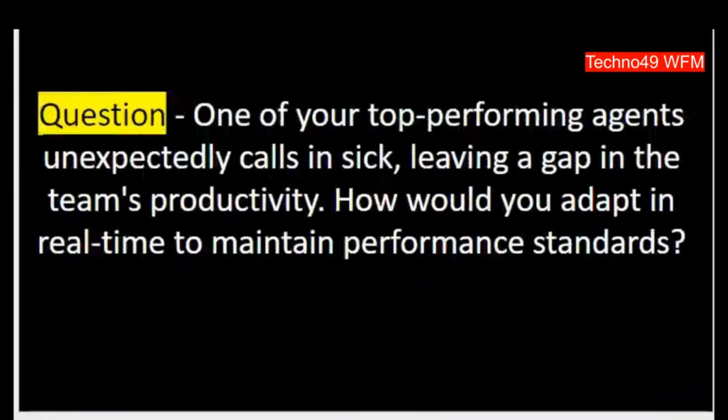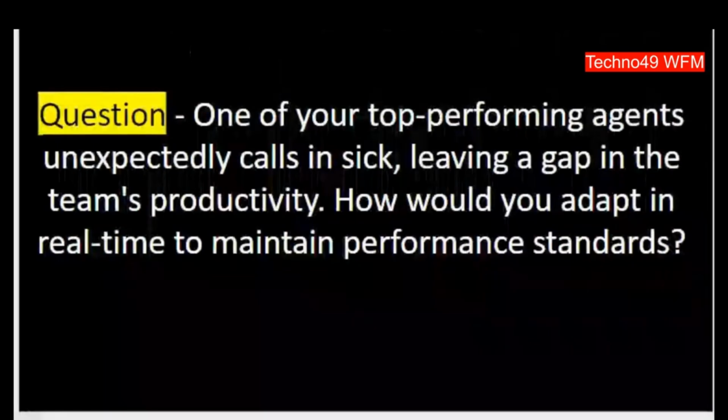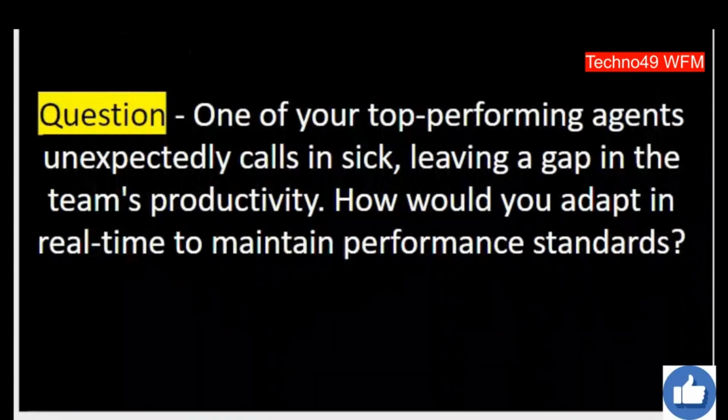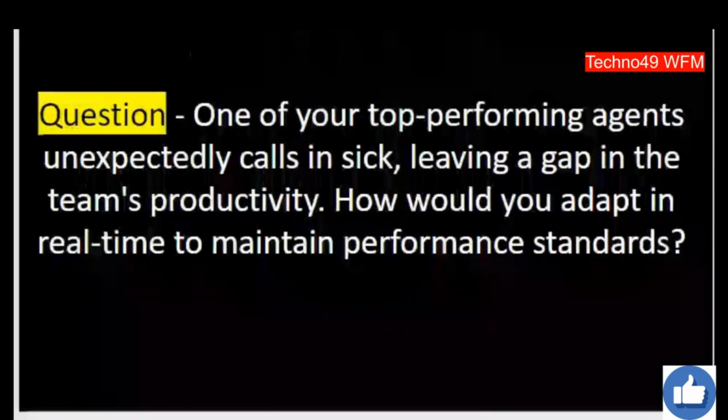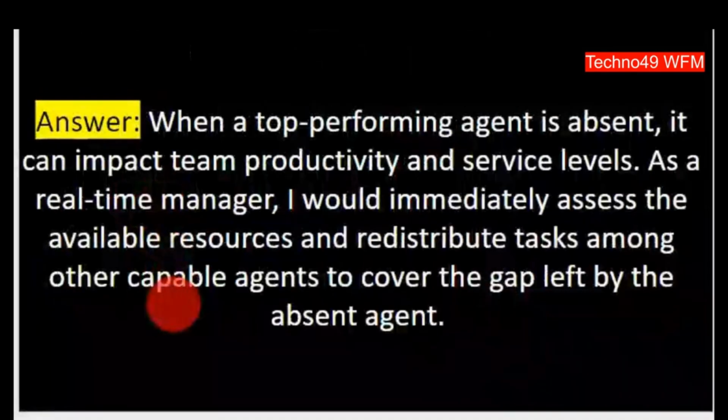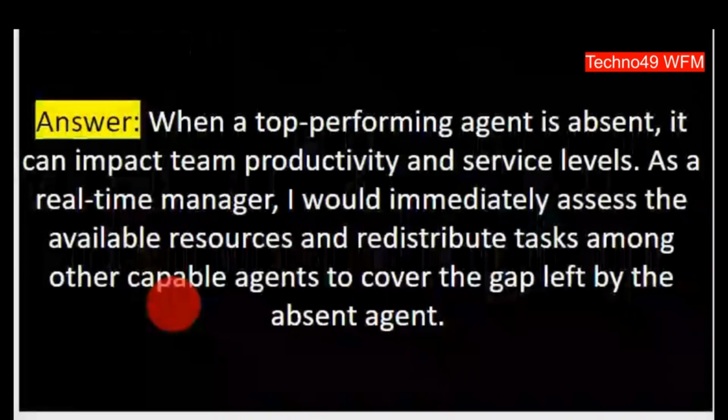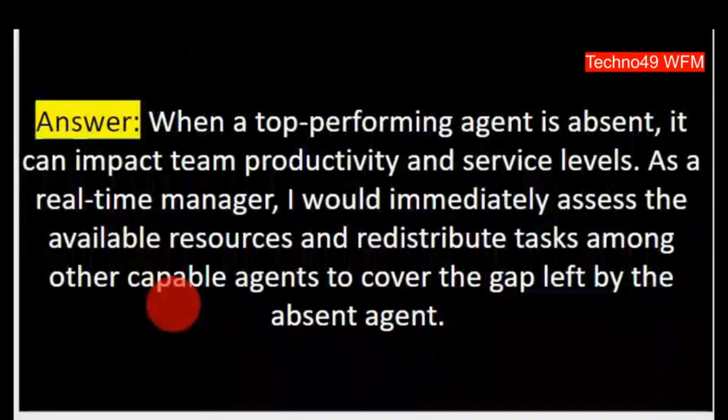So here the question says that if one of your team members who's performing very well, who has a high number of calls to take, who has very good KPIs and a very good customer satisfaction score, starts to take sick leave, how would you fulfill that gap? In that scenario, you can have these points. You can redistribute the tasks that person is doing among different team members.